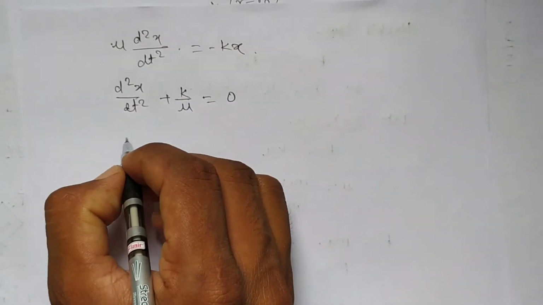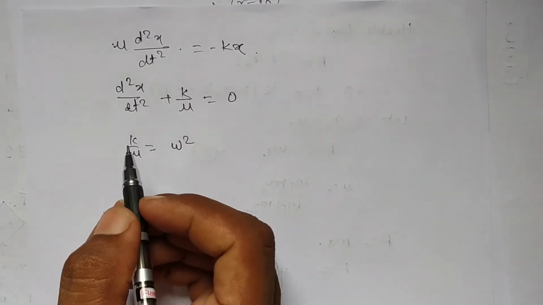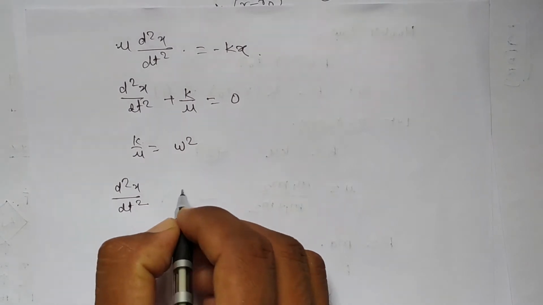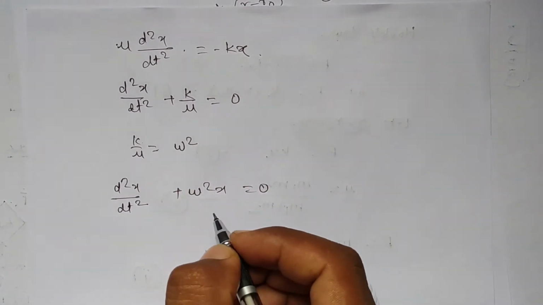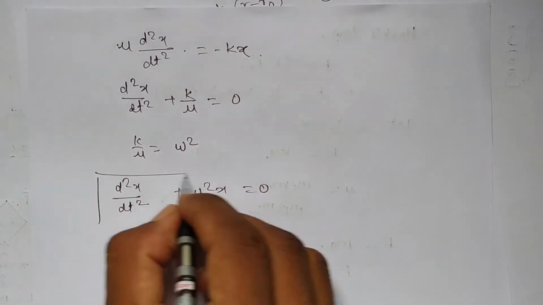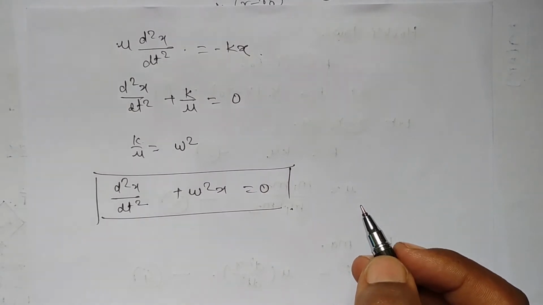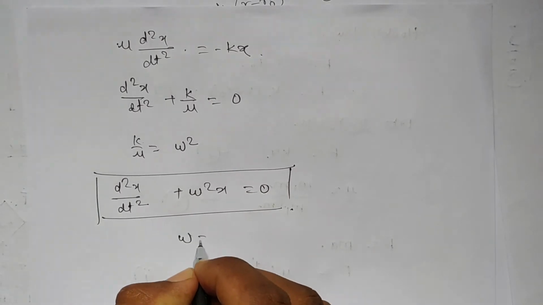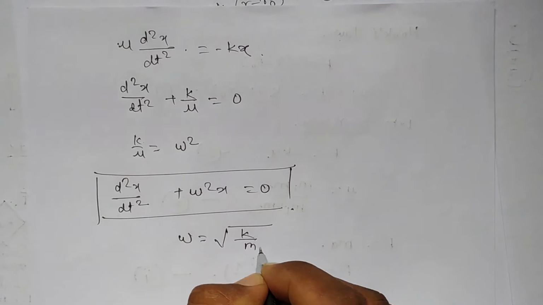Now, putting k upon mu is equal to omega square, we get d square x upon dt square plus omega square x is equal to 0. So this is the differential equation of a simple harmonic oscillator, whose angular frequency of vibration is given by omega is equal to under root k upon mu.